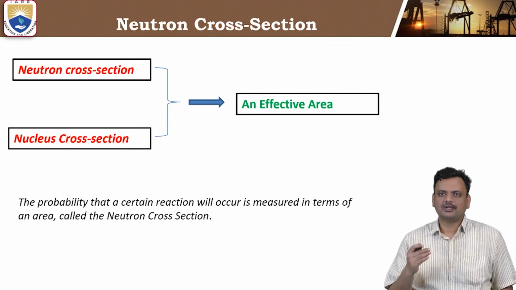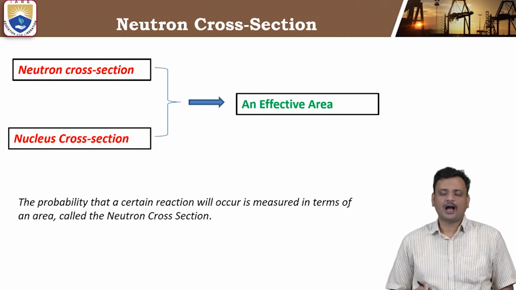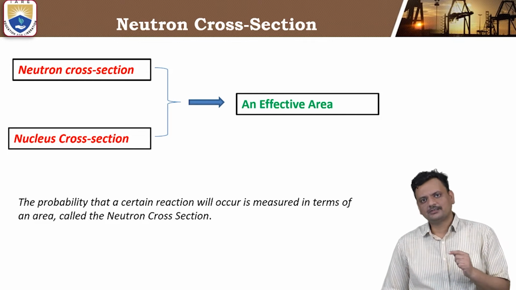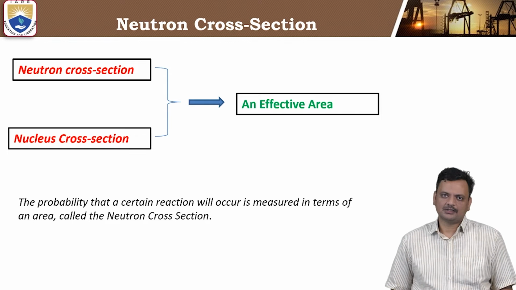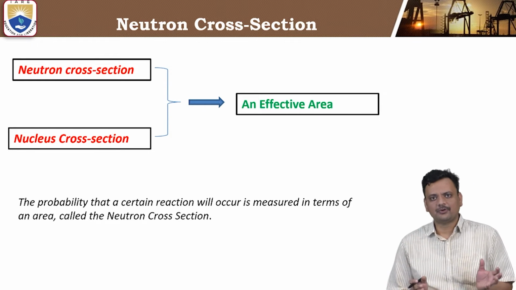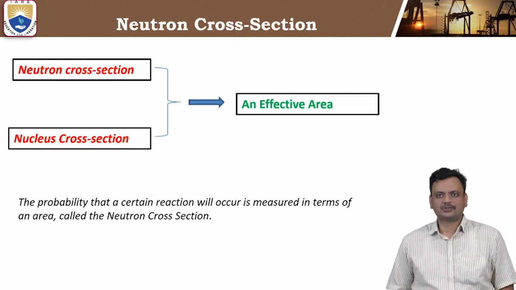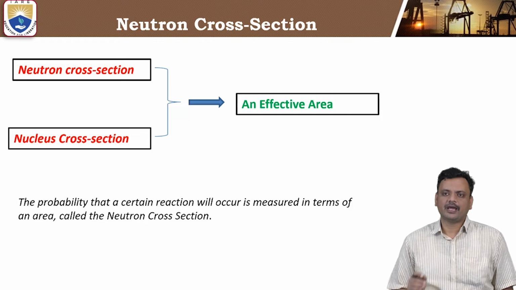Means, around the nucleus, what is the effective area where these reactions will happen, or when neutrons approach towards the nucleus, what will be the area around the nucleus where the neutron will go for nuclear reaction. That area is known as cross section.